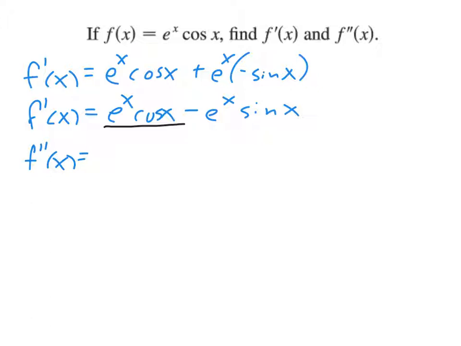Although, actually, this is a lot easier than you might at first think, because the derivative of e to the x cosine of x, notice, that's what we found the derivative of already. We did that already. So I already know what that derivative is. It's e to the x cosine of x minus e to the x sine x. I did that work already.